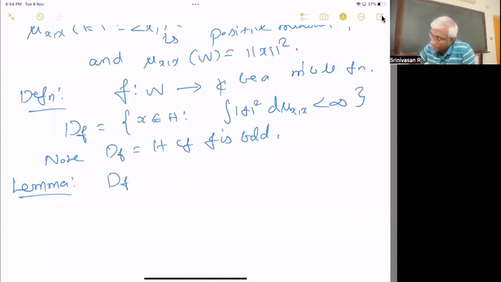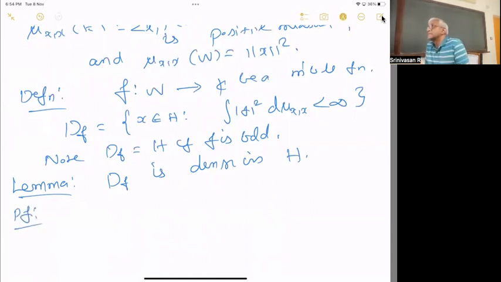Then D_f is dense in H, and D_f is a dense subspace. Let's say subspace, because we have to prove it's a subspace also.